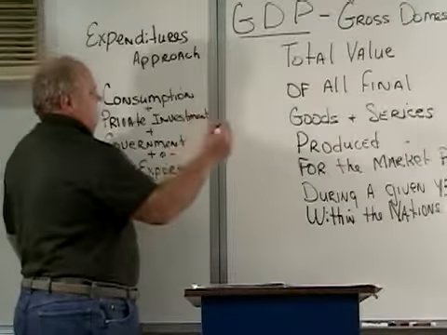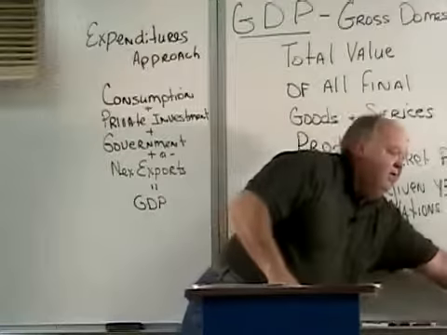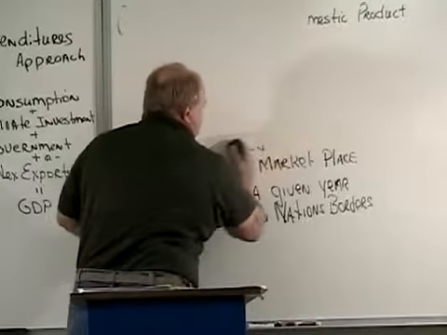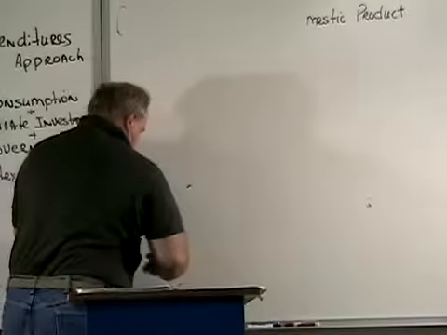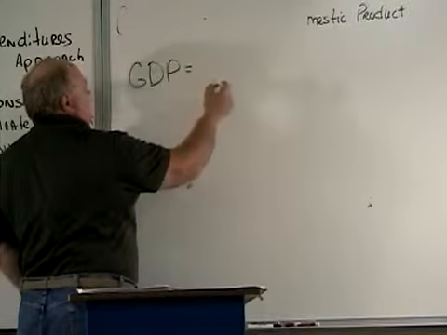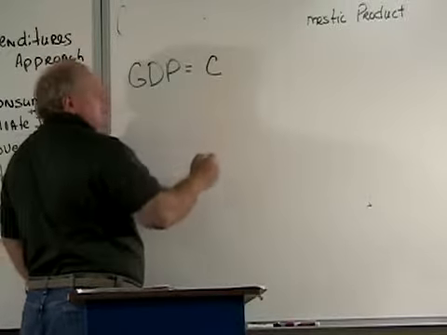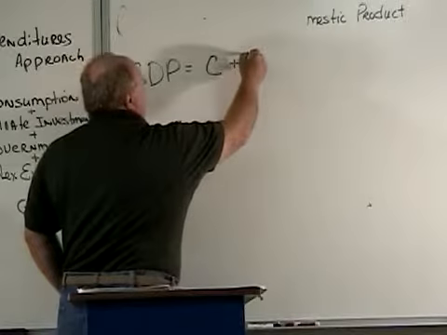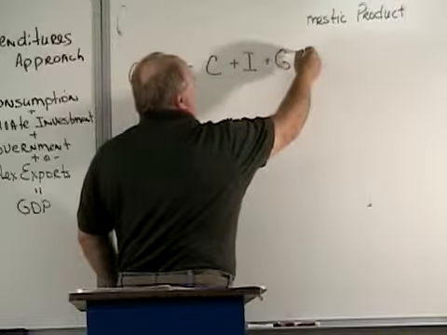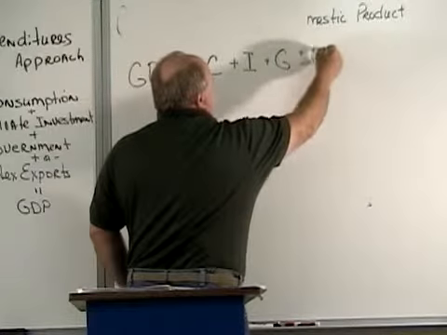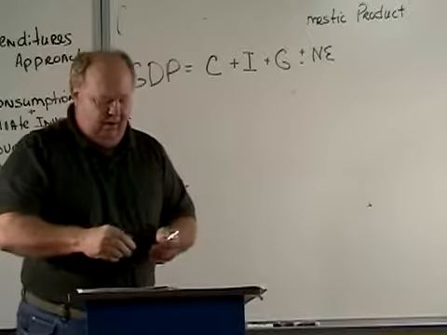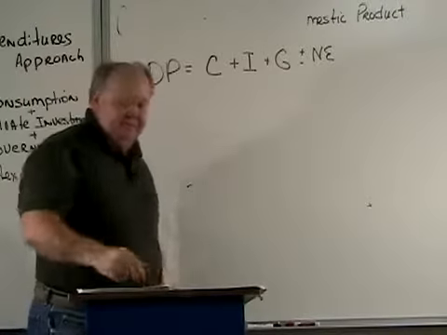So a lot of times we'll see this formula, and in your textbooks you'll see gross domestic product equals consumption spending plus private investment spending plus government spending, plus or minus net exports.